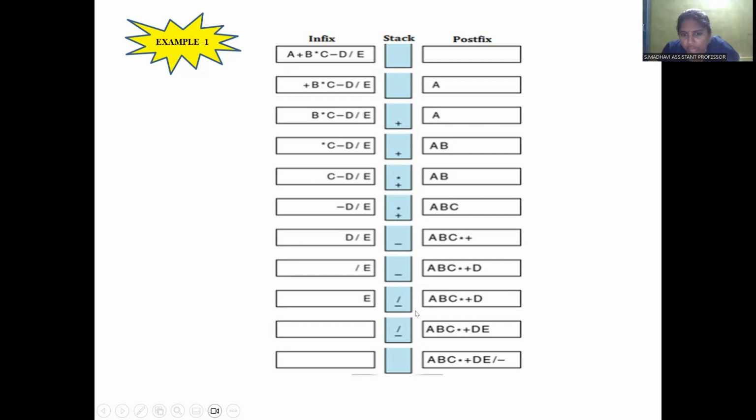So you can directly move this slash, the division symbol, onto the postfix, and next you can directly move this minus symbol onto the postfix.